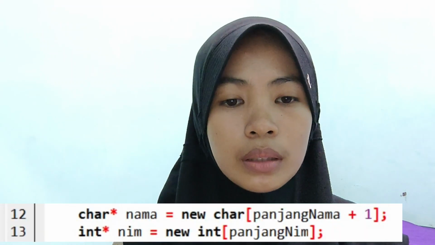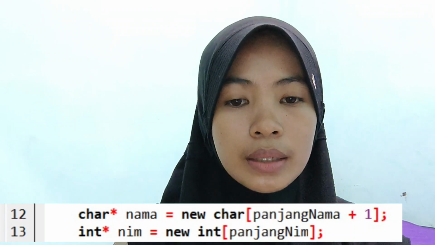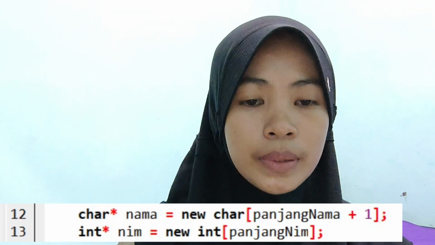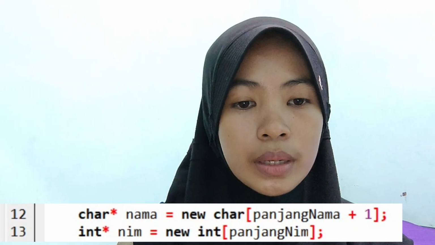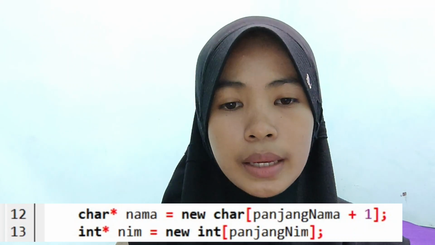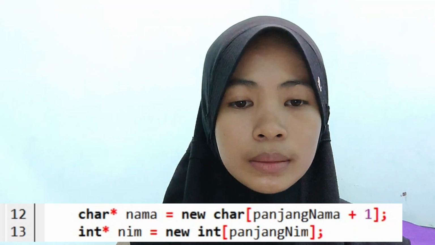Dynamic memory allocation. char* nickname = new char[length nickname + 1] creates a pointer to an array of characters with size length nickname plus 1.